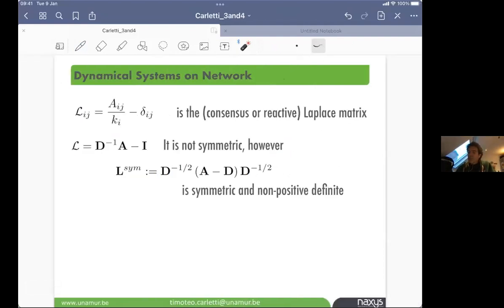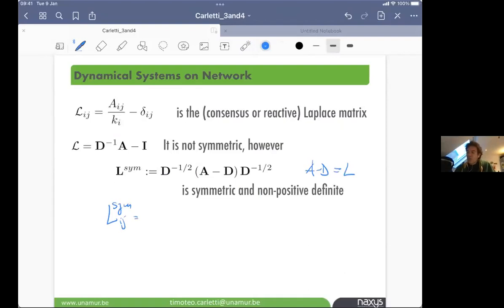You can introduce this new matrix, L-sim, for symmetric, which is indeed the Laplace matrix that we saw last time. So A minus D is the Laplace matrix that we used last time for the diffusion-like method. And you multiply to the left and to the right. So this matrix L-sim, L symmetric ij, is: 1 over the square root of the degree of node i times Aij times the square root of the degree of node j minus D^-1/2 times D times D^-1/2.